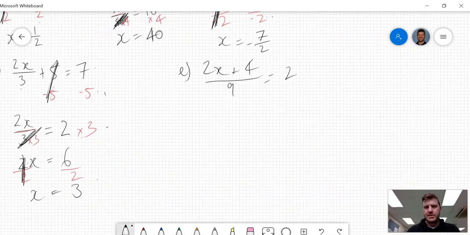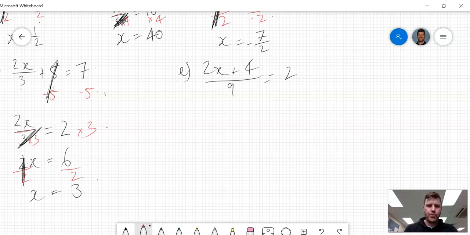Right, final example here, we have 2x plus 4 all over 9 equals 2. Now again, I'm going to remove the number that's furthest removed from x. And in fact, if I'm looking at this term on the left-hand side, it's actually the 9 that we need to get rid of first.